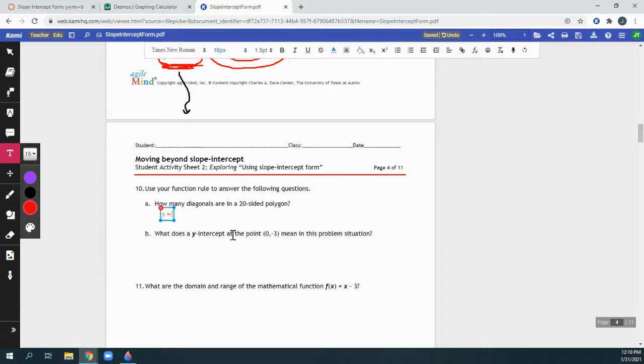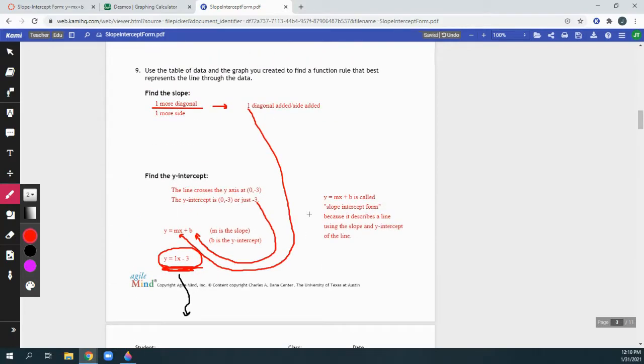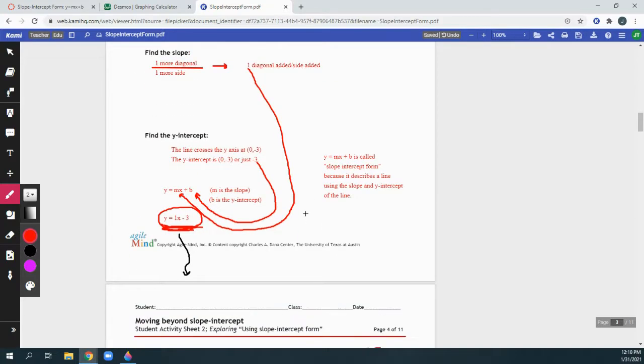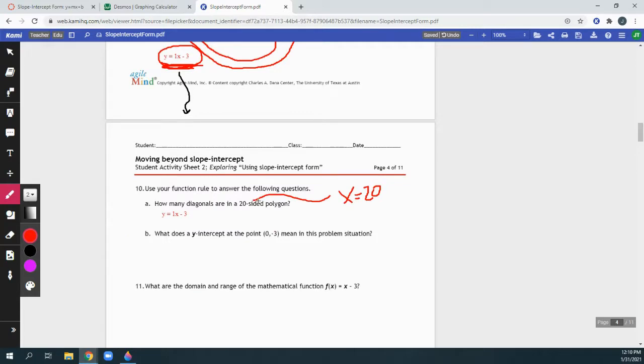All right, so let's do that. y equals 1x minus 3. What does that mean? Well, 20 is x. So remember, x equals 20. Why? Because we said way up there, x is sides. X keeps track of how many sides there are on my shape, and this shape has 20 sides.